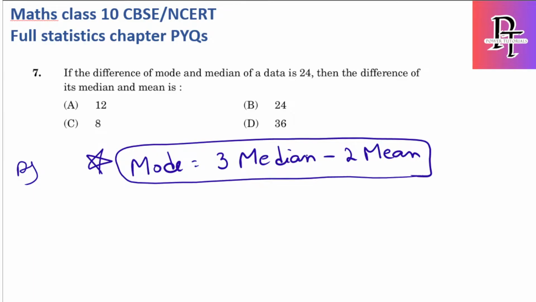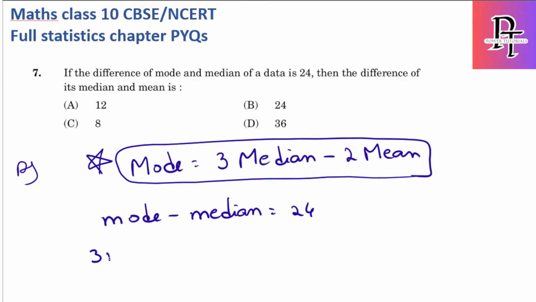Now using this relation, we're going to solve this question. They have provided mode minus median, and the value is 24. What is the mode? Mode is 3 median minus 2 mean.